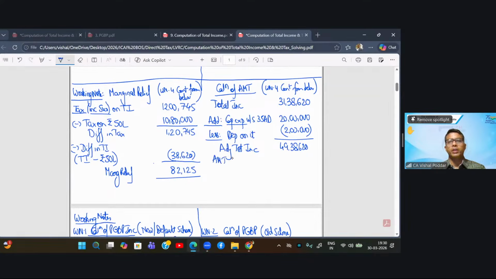Now AMT is at the rate of 18.5% and again plus 4% cess. How much am I getting at 18.5% of 4938? It is 913645. Now adding 4% to this will be my final AMT liability.